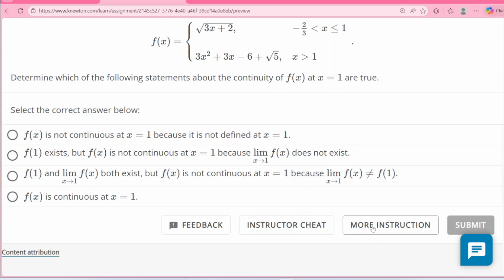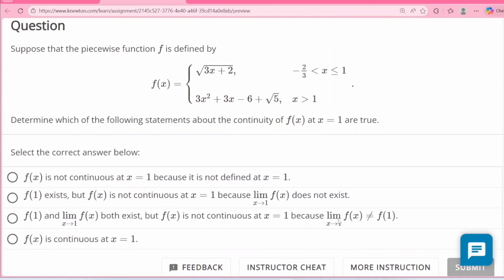All right, so if you're on a particular objective or question and you don't remember what you're doing, or you don't remember the material very well, you click on more instruction and then open instruction related to that particular objective. You'll get some reading or videos or both, and hopefully that'll help you get through whatever question you're working on.